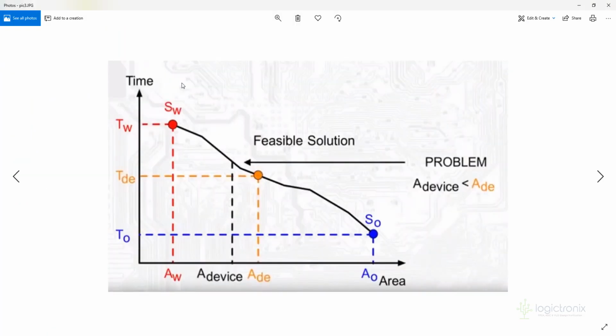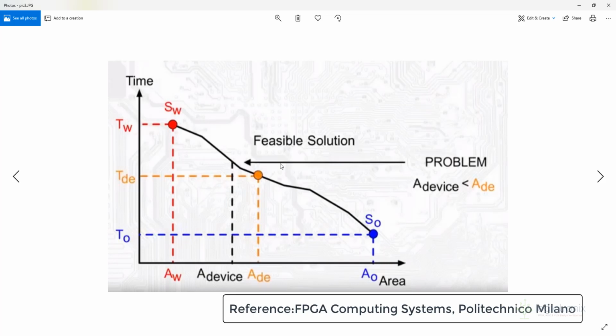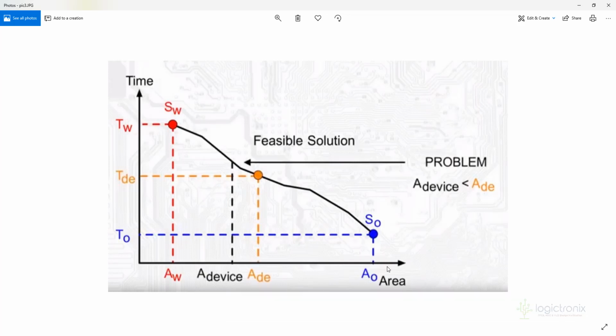So there is a trade-off between area and throughput. If we look at the axis of area, and this is the time to calculate something. In case of a hashing or mining algorithm, it's the time to calculate the golden nonce. So this means very low hash rate, and this means very high hash rate.